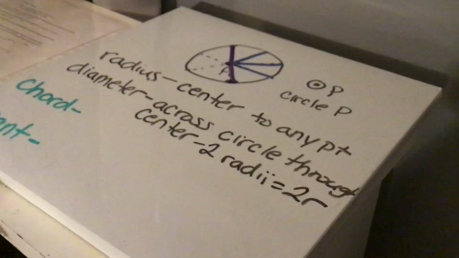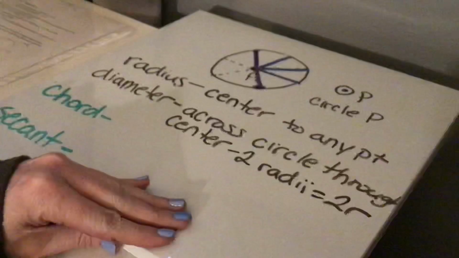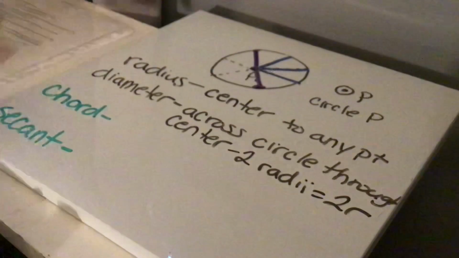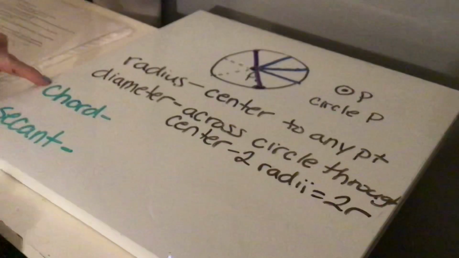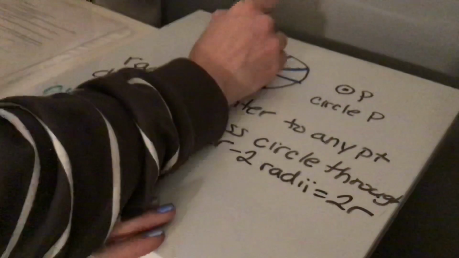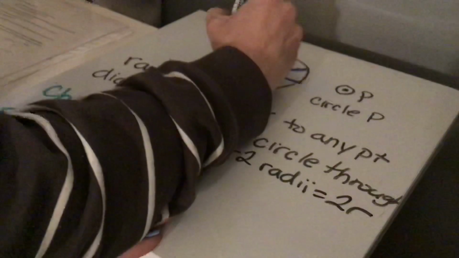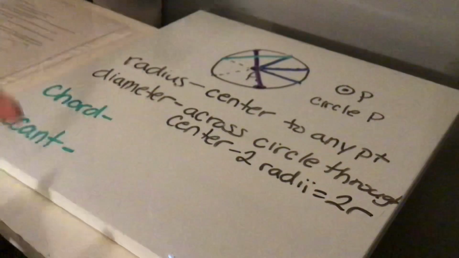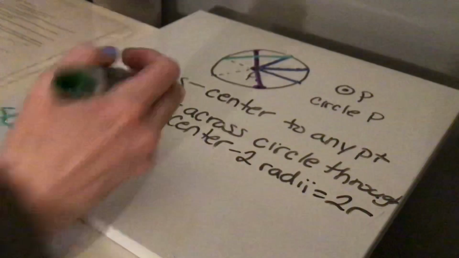All right, so a chord is just a segment whose endpoints are on the circle. A diameter is an example of a chord, but it just has to have endpoints on the circle. So this could be a chord, okay? Doesn't have to be through the center.